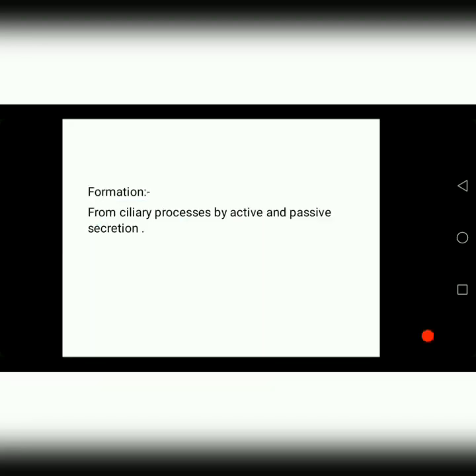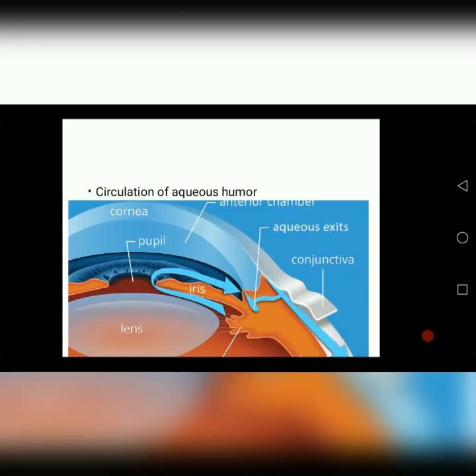There are two mechanisms for secretion or production of the aqueous humor: passive and active. The passive mechanism depends on the hydrostatic pressure and osmotic pressure, the pressure gradient between the stromal blood vessels and the interstitium of the ciliary body or ciliary processes.